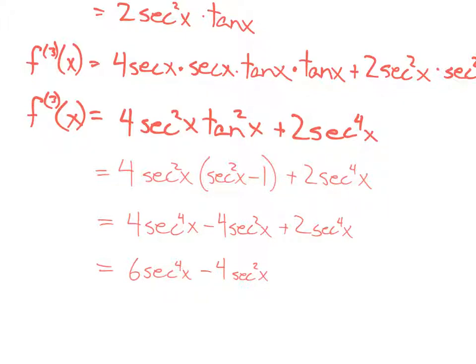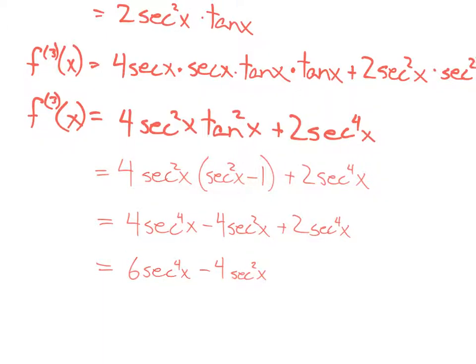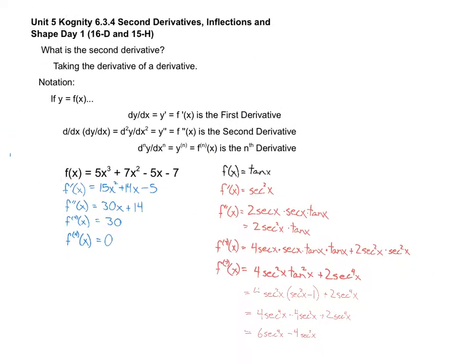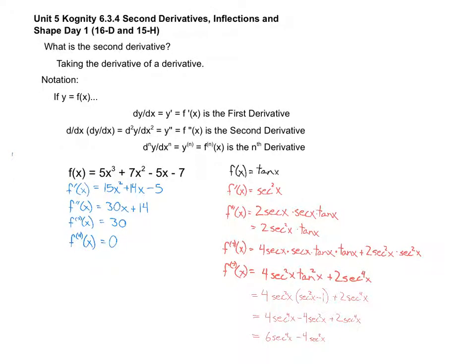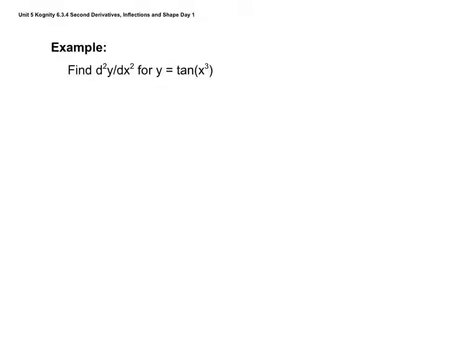That's the nice thing about polynomial functions: they tend to get simpler with more derivatives. Trig functions tend to get uglier. So that's just a reminder and rehash of what the second derivative is.